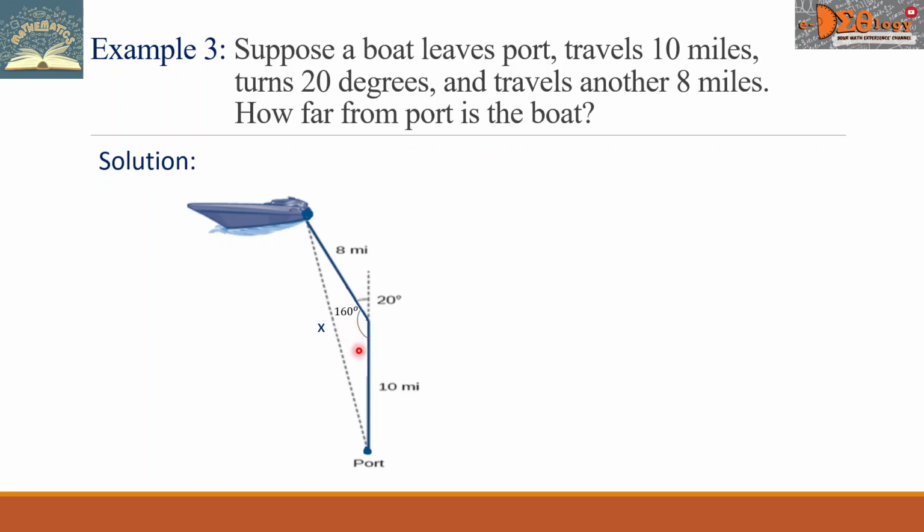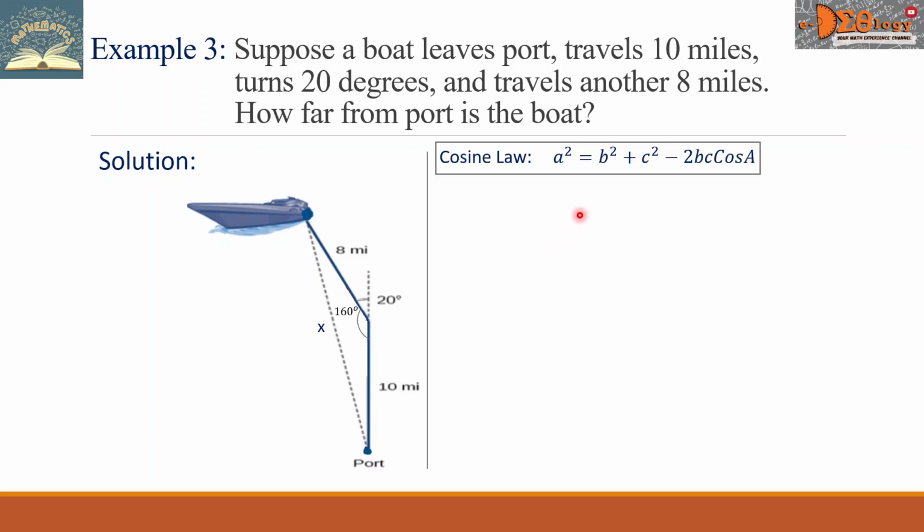Now we use cosine law. We have this formula. Substituting the values, we have now x squared equals 8 squared plus 10 squared minus 2 times 8 times 10 times the cosine of 160 degrees.